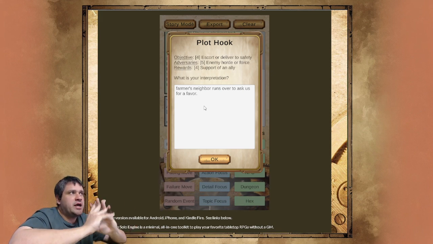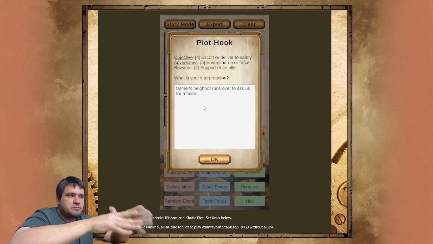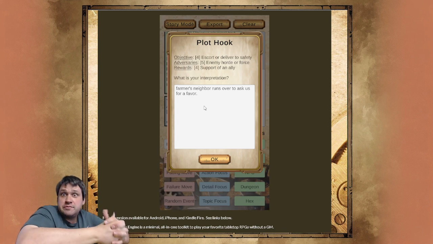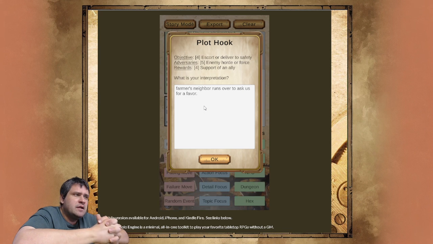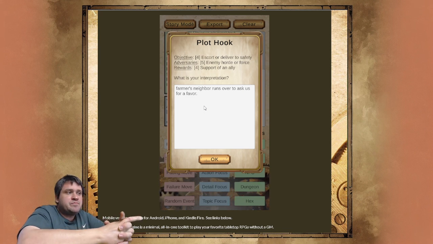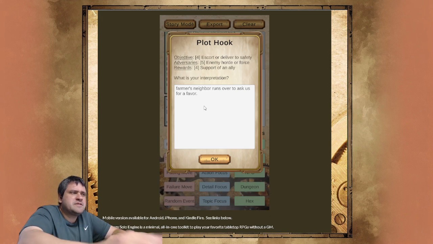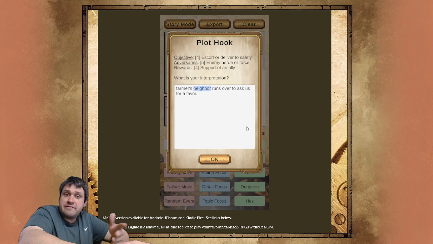So it doesn't have to be actual bandits or people per se. It can be an opposing force like weather. Animals could be creatures, could be monsters. Support an ally. So the ally is the neighbor, the farmer, or maybe it's the farmer's wife.